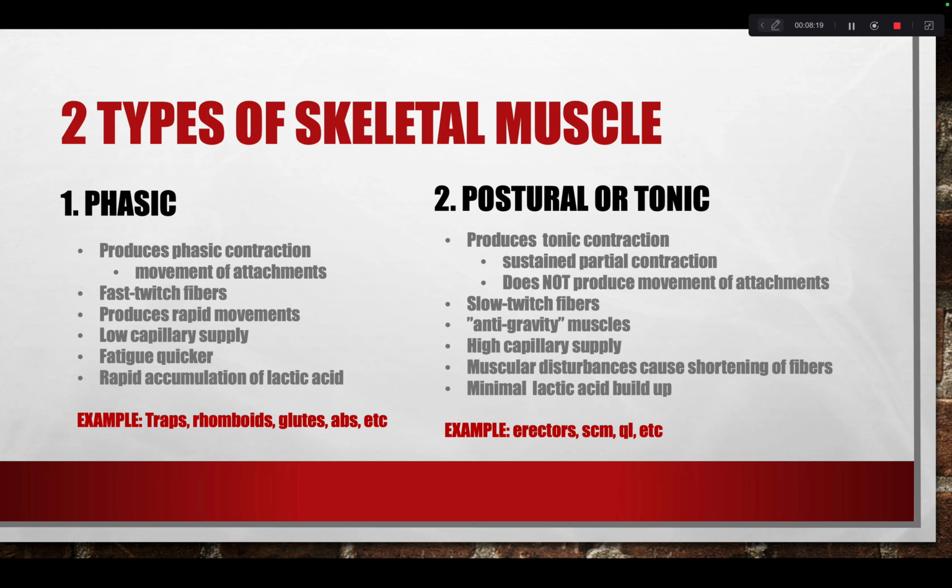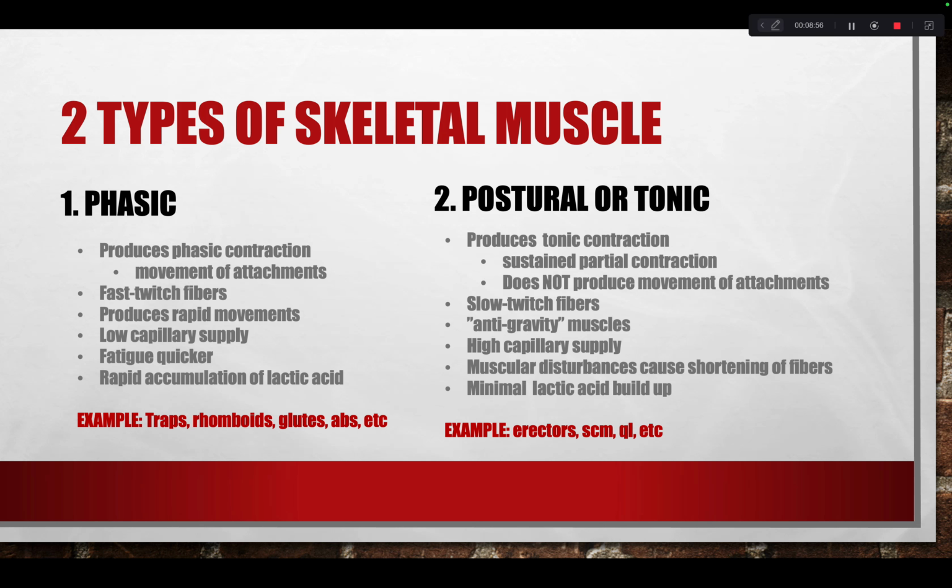So if you were to do a plank, so act like you're doing a push-up, your arms are straight, toes on the ground, all of a sudden you're going to feel those abdominal muscles start to kind of shake, all right? These are your anti-gravity muscles. I know I said phasic would be abs, but in this instance, when you're trying to use those muscles as postural, this is where these properties will engage.